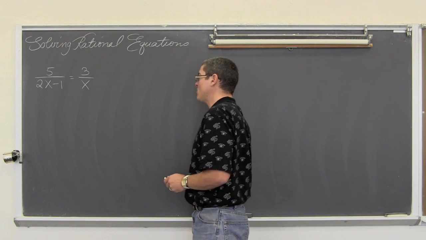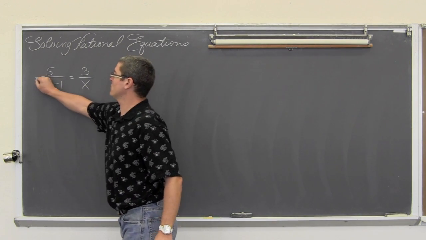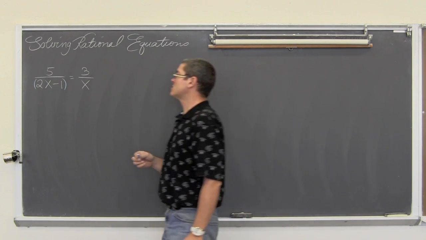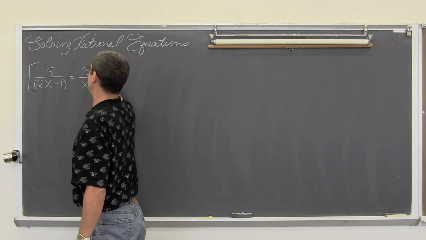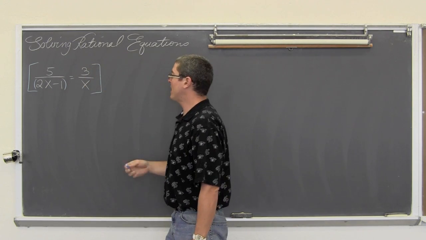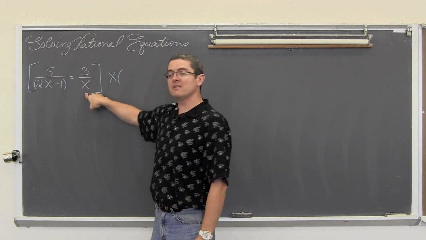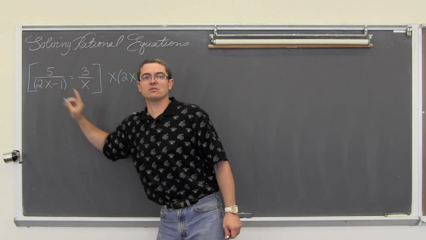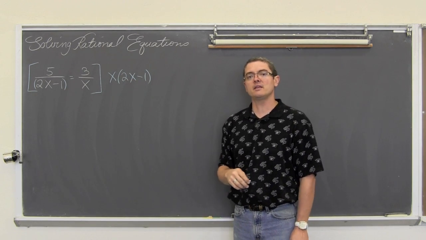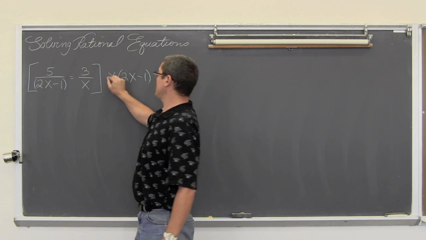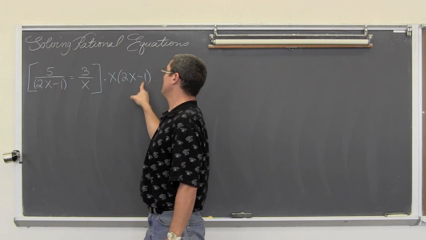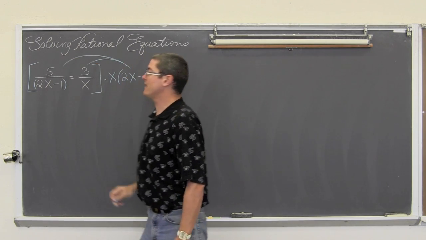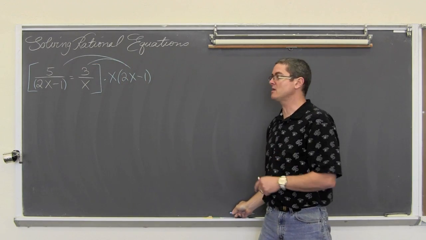So what that means for this equation is we have a factor of 2x minus 1 and another factor of simply x. We're going to multiply both sides of the equation by x, and by 2x minus 1, the denominator in the other fraction, and take this entire grouping, x times 2x minus 1, and multiply that through both sides of the equation.